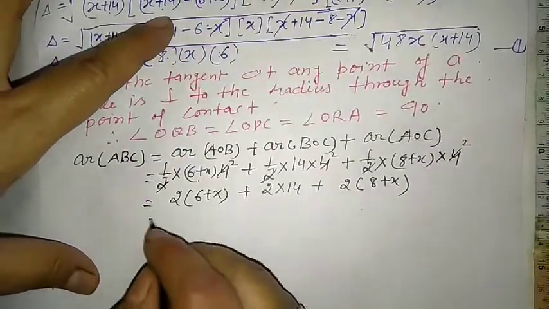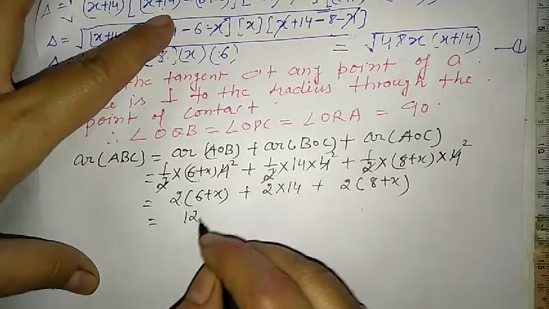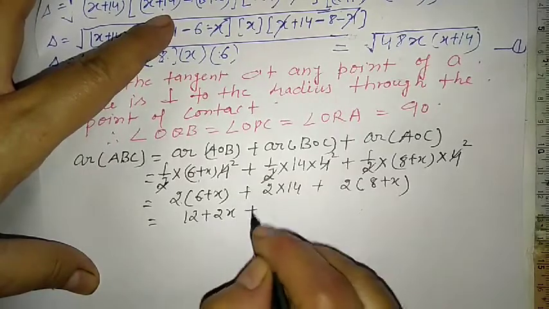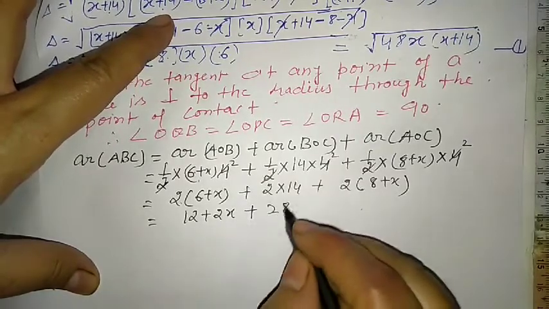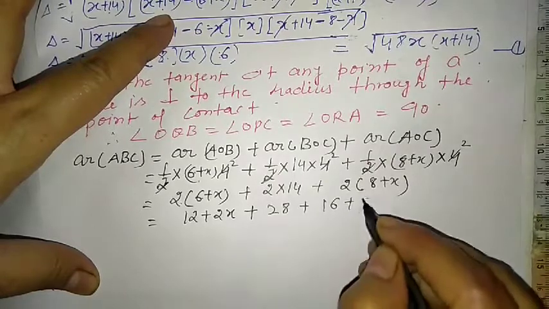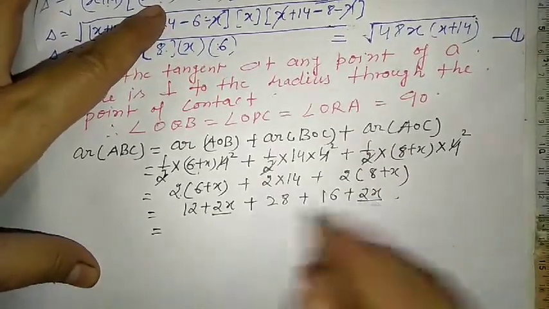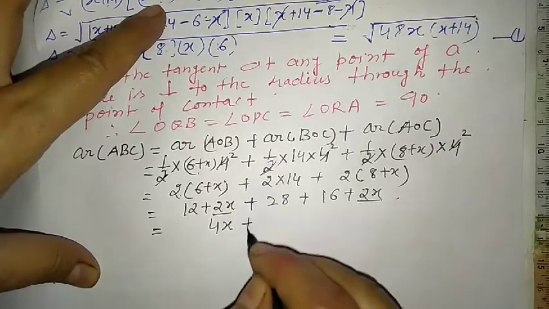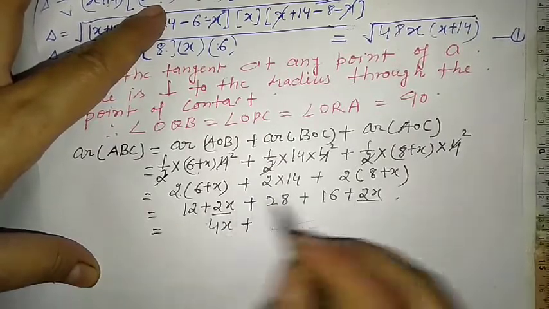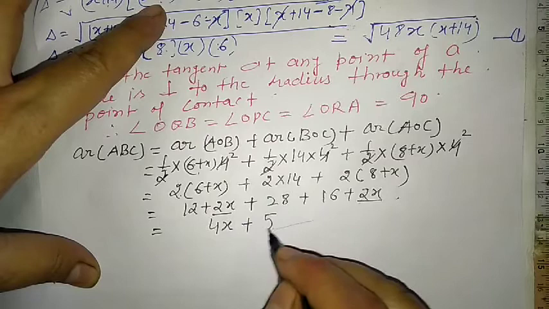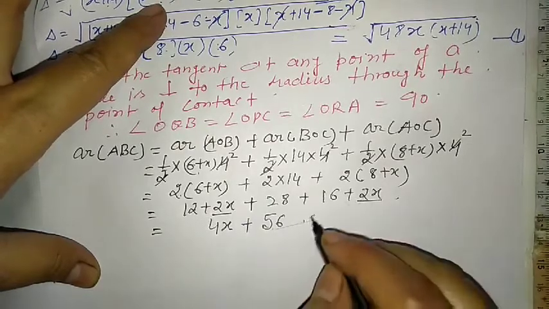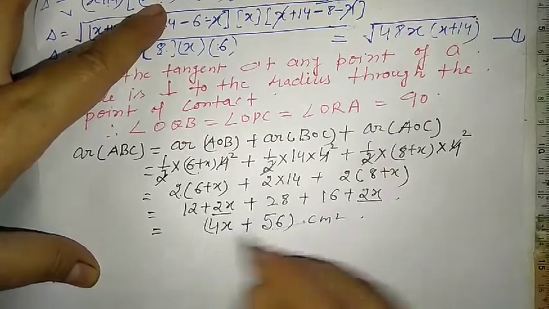That we are having multiplied inside 12 plus 2x plus 28, 16 plus 2x. So that we are having 2x plus 2x, that is 4x plus, if we add this we are having here 56. So this is in centimeter square.